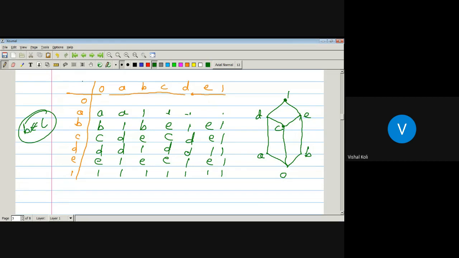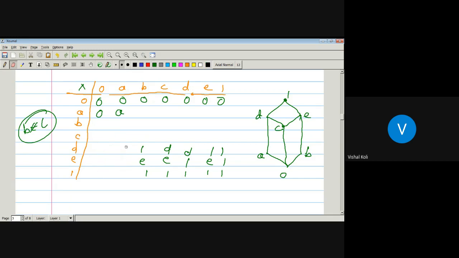So here meet. What is the meet of 0 with every element? 0. Which is 0. Okay. So A meet 0, 0. What is meet of A with A? Which is A. What is the meet of A and B? 0.